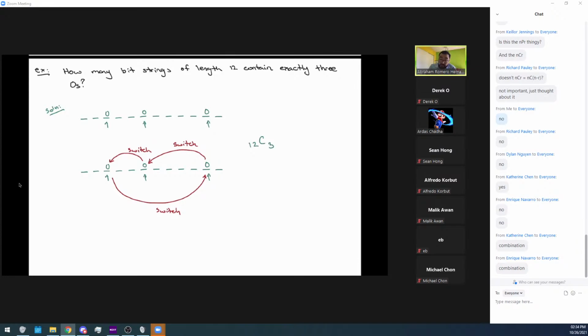And this will represent the 3 positions being chosen for the zeros. So out of 12 positions, I'm selecting any 3 where I can put zeros. That's it, right?